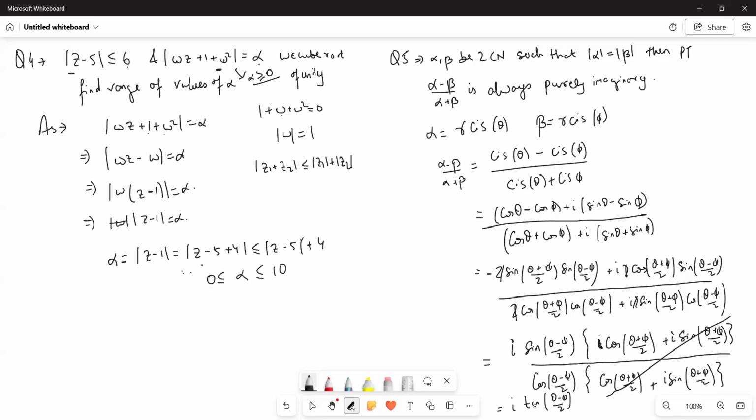Now what can we say about i times tan of theta minus phi by 2? It is purely imaginary. Theek hai na? i times tan will be a real number, so i times a real number is purely imaginary.